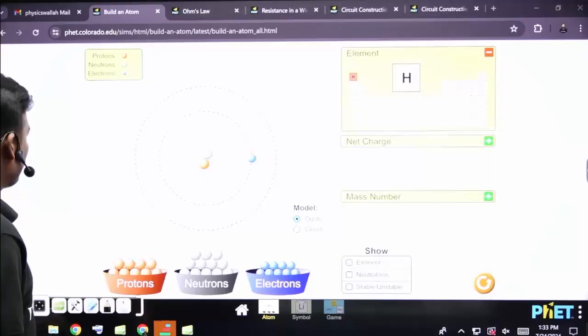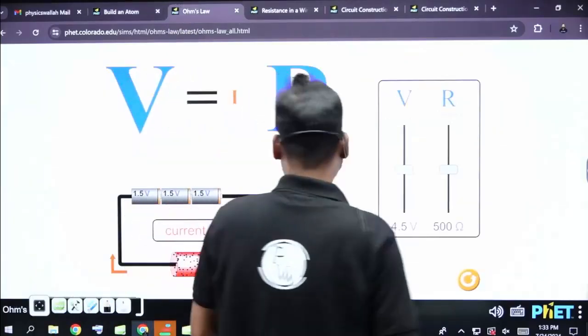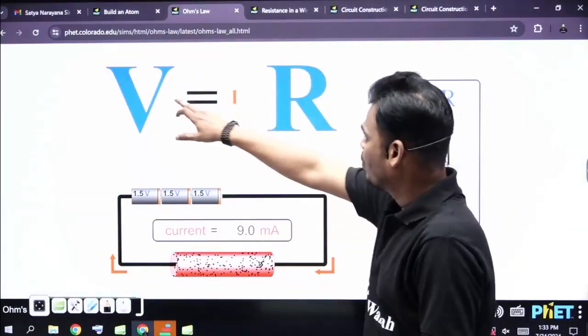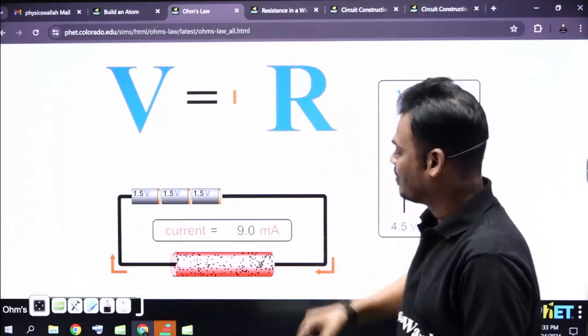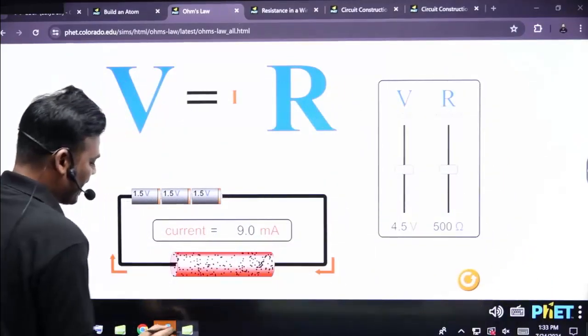So, Ohm's law. Here you see V, I and R. What is this R? Let me explain one more time.